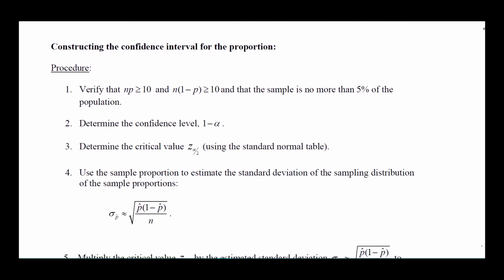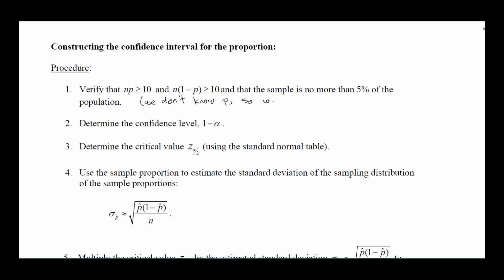Okay, so our first thing to do is to verify our assumptions. If you remember when we talked about the central limit theorem for proportions, we said that in order for the sample proportions to be normally distributed, we needed n times p to be at least 10 and n times 1 minus p to be at least 10. So we don't have p, we don't have the population value.